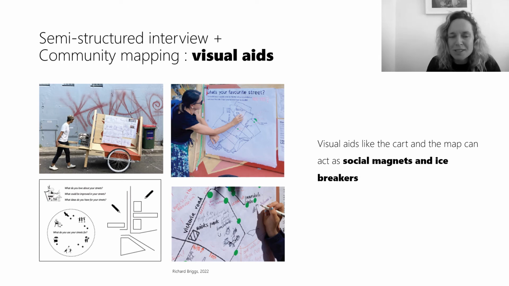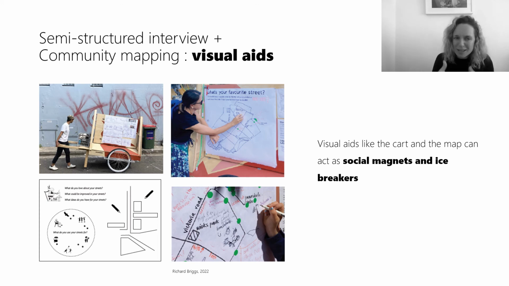And so we use the map, and in this course we'll use a street cart to break the ice, and almost like a social magnet for community members. The street cart and the map can help diffuse what can be quite focused and intense conversations when researchers come out to communities and to community members that they often don't know.